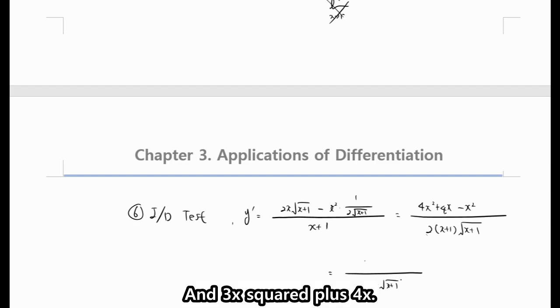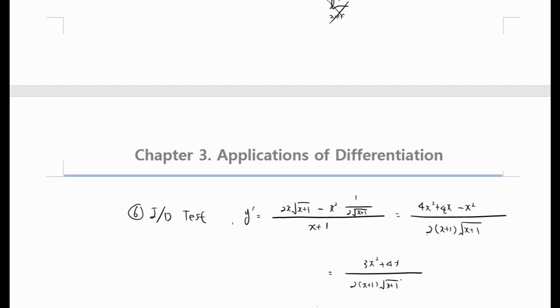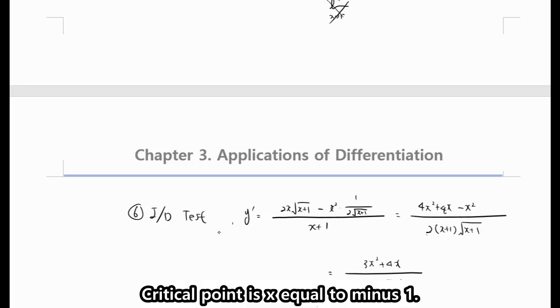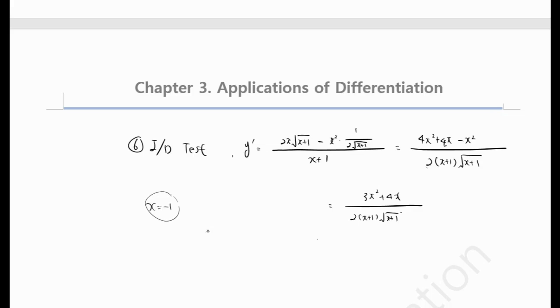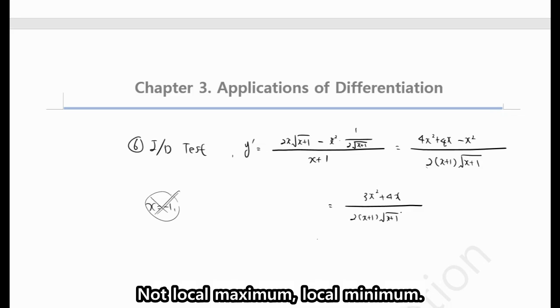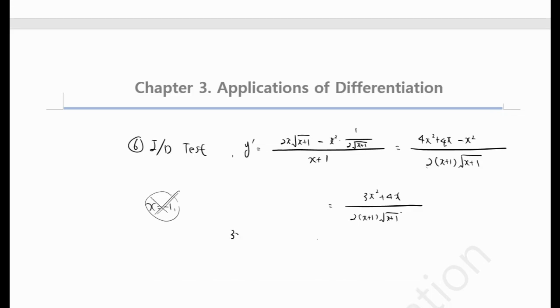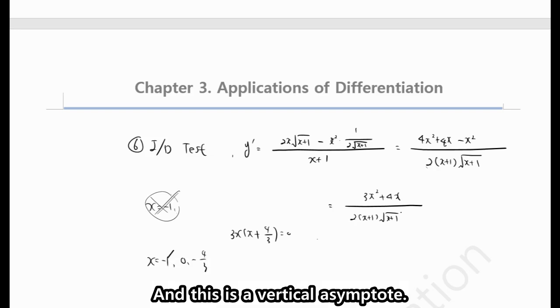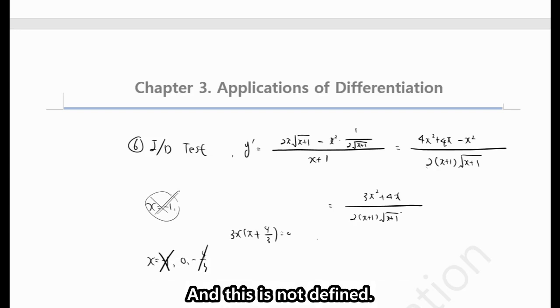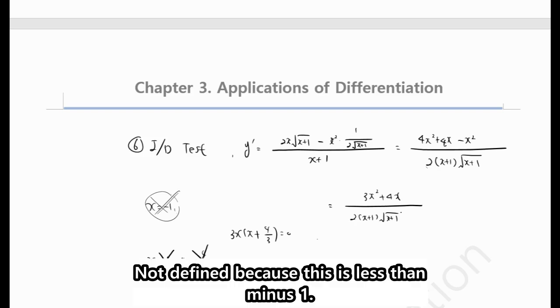A critical point is x equals minus 1. This is a vertical asymptote, and this is not a local maximum or minimum. The critical points are minus 1, 0, and minus 4 over 3. And this is a vertical asymptote and not defined, because it is less than minus 1.